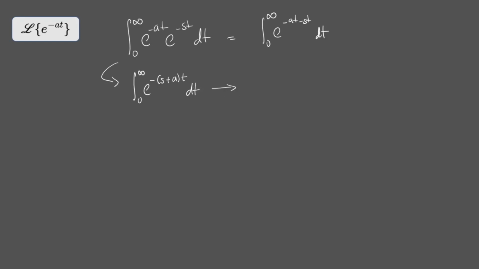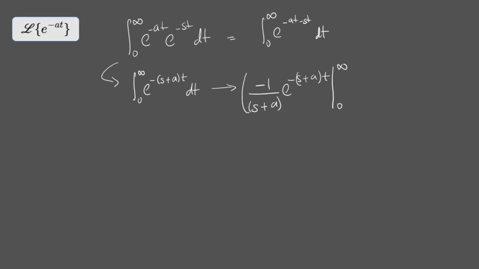Recall what we did for evaluating our limit, our integral to infinity. So that's going to be negative 1 over s plus a, e to the minus s plus a, this is in brackets, times time. Okay, and this is not indefinite, it's a definite integral.